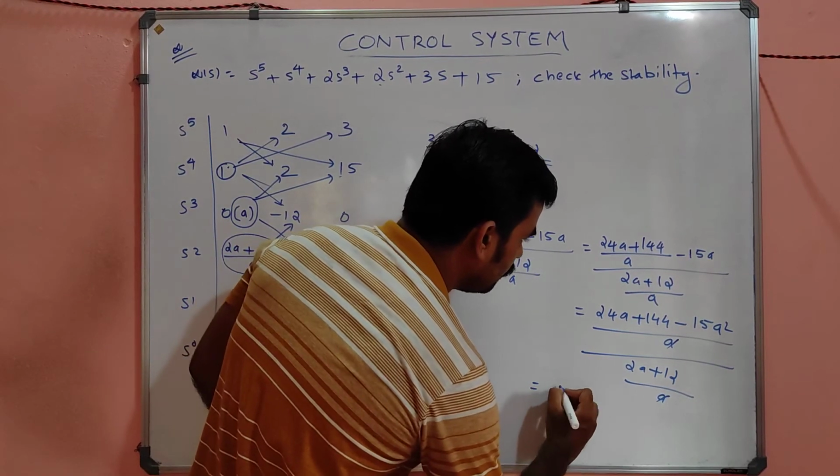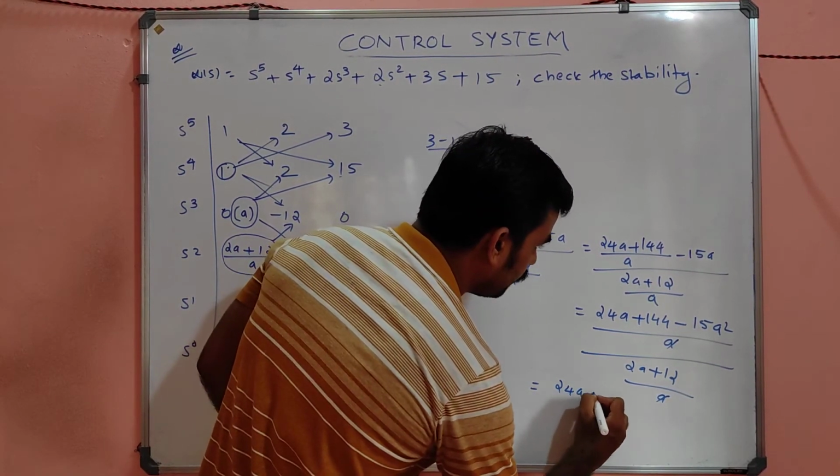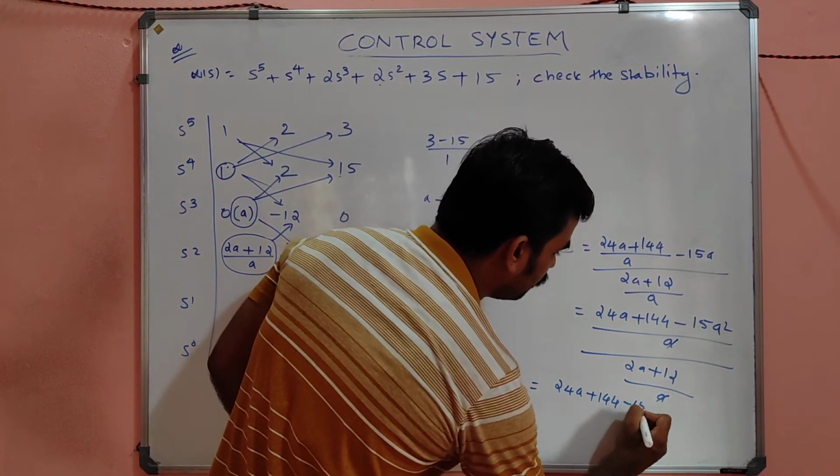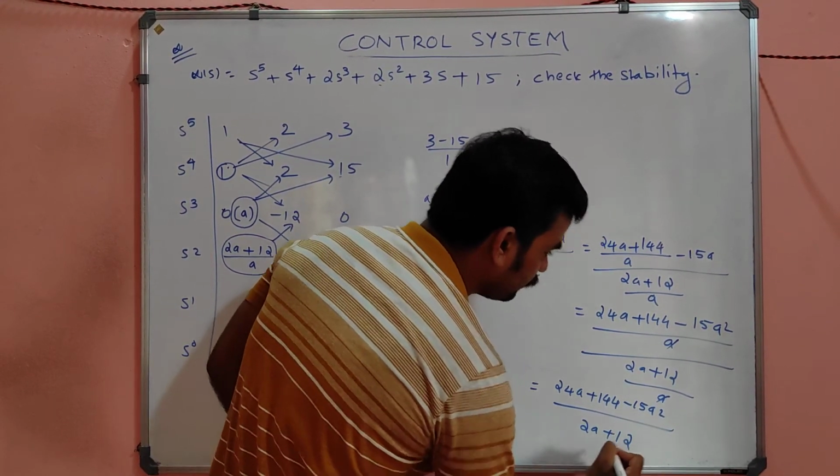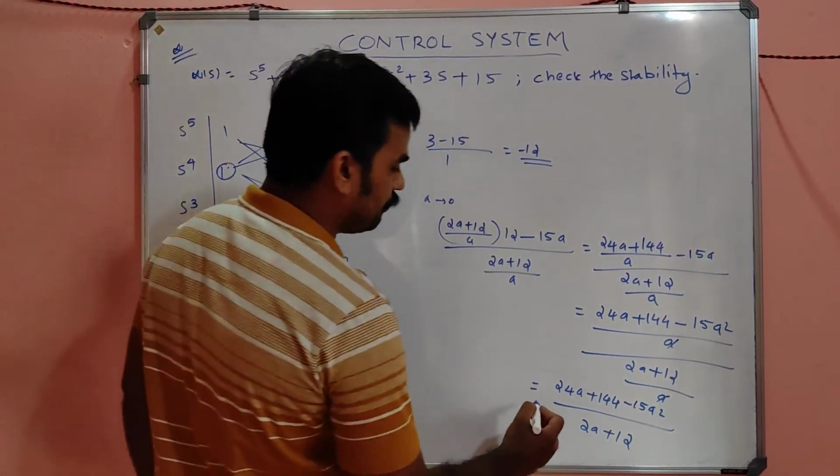The remaining answer will be 24A plus 144 minus 15A square, whole divided by 2A plus 12. So this will be the final answer.